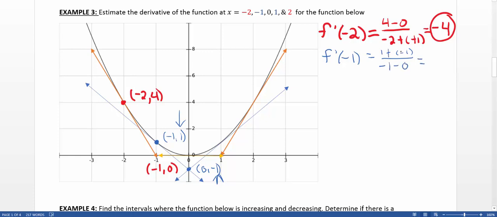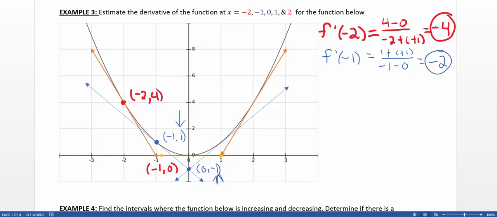So on the top, the minus and the negative cancel, giving me 2. And on the bottom, I just have -1. 2 divided by -1 is -2. So the slope of my tangent line at -1, or the instantaneous rate of change at -1, is -2. So now let's try the next one.